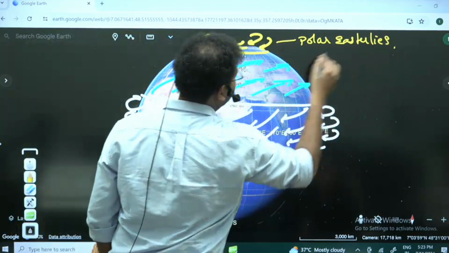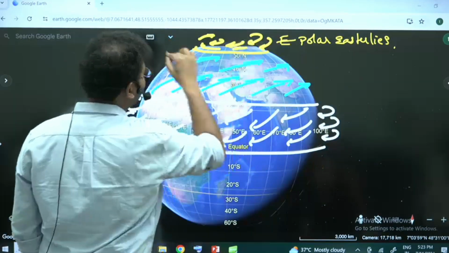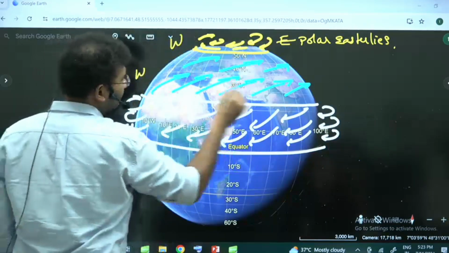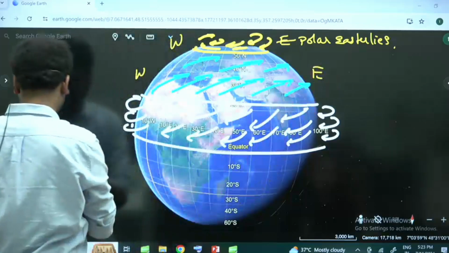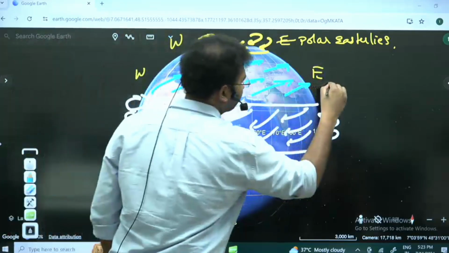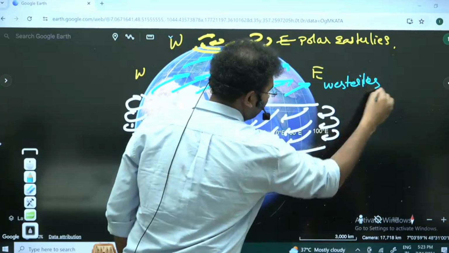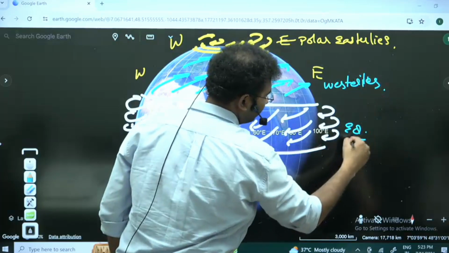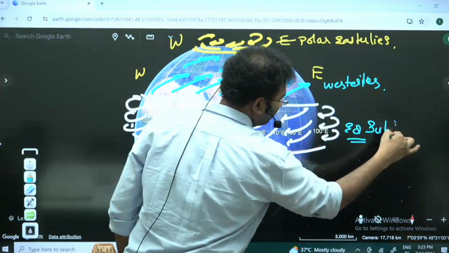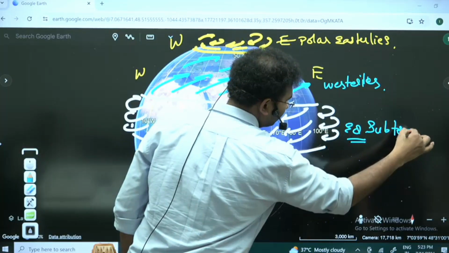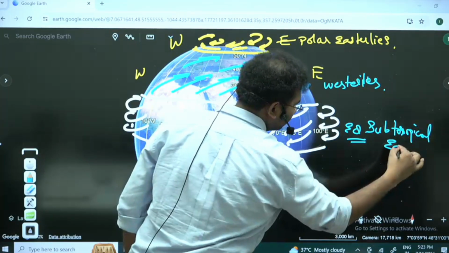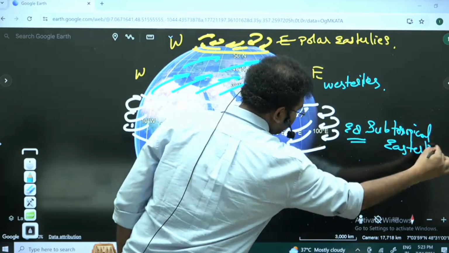Easterlies are nothing but those winds which move from east to west. If the winds move from west to east, they are called westerlies. And these at the equator are also called subtropical easterlies.